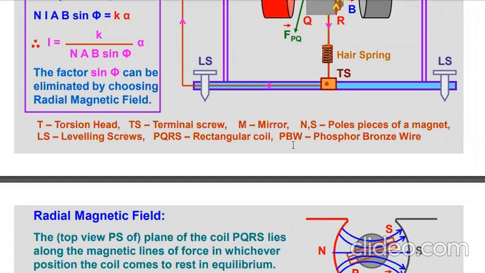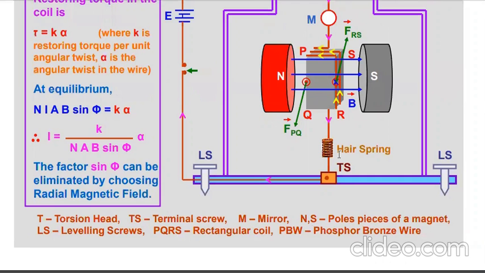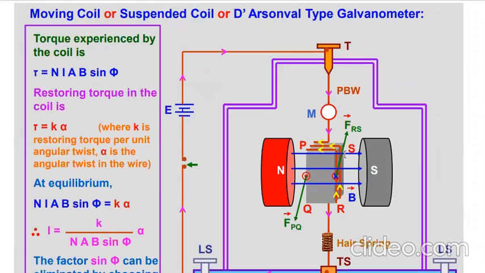And PVW is the phosphorus bronze wire, because phosphorus bronze wire has a twisting effect, elastic properties. So this wire gets twisted and hence produces an elastic torque in order to counterbalance the torque produced by the current in the coil.